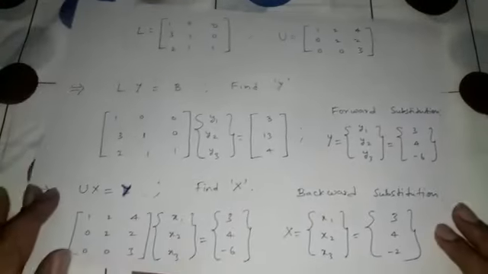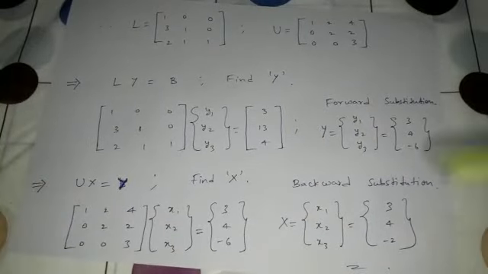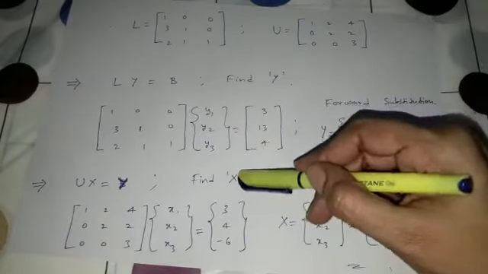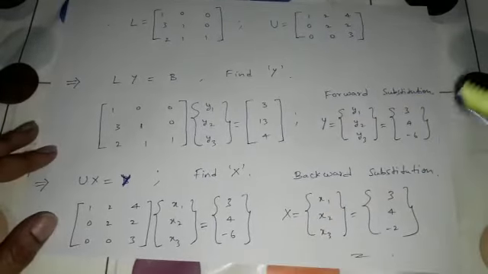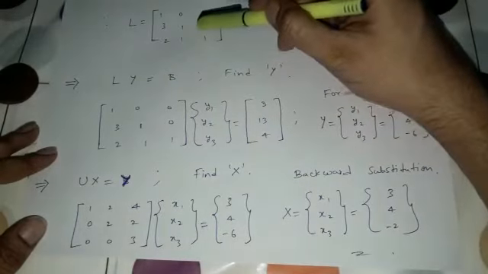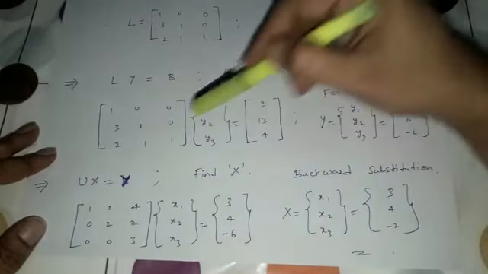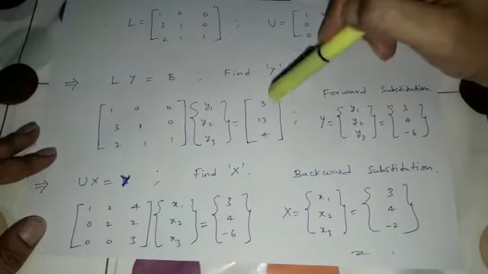Once you have your L and U matrices, you will get the solution matrix X in just 2 or 3 minutes, a maximum of 3 minutes. The next step is to write Ly equals B and find Y by forward substitution. L is the lower triangular matrix, this is your Y matrix, and this is your constant matrix, which is given in the problem.